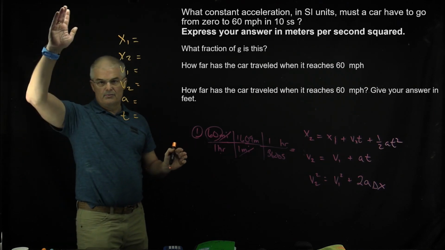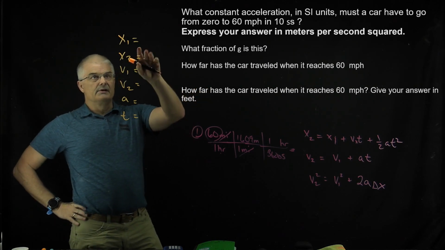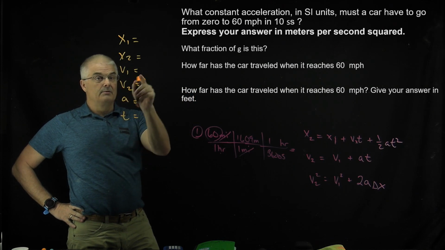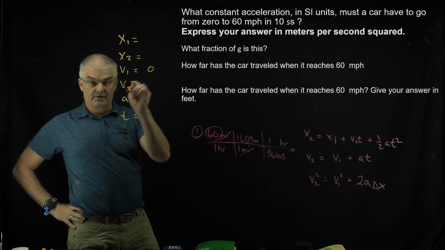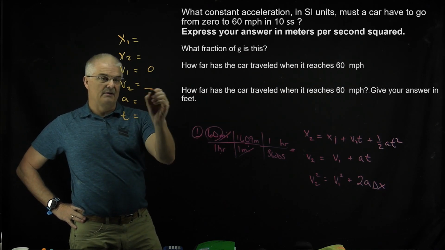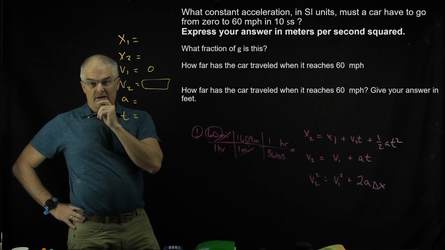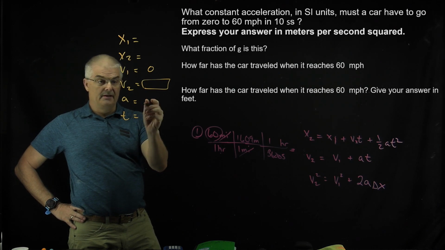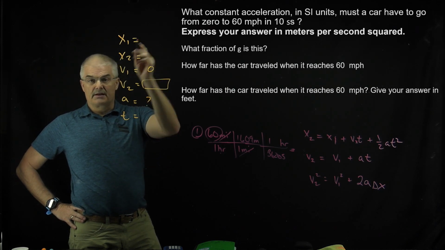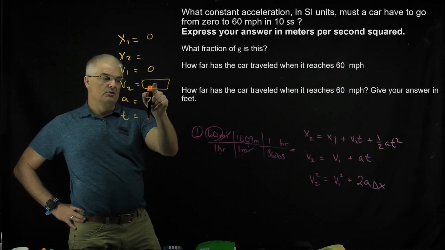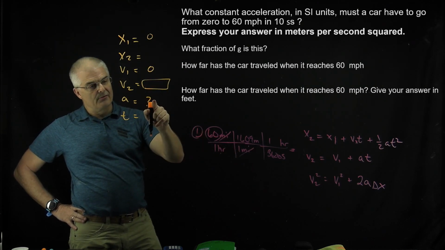The way my problem is written, the original v1 is 0, going from 0 to 60 miles per hour, so whatever I got from the math, I'm going to put that number in here. You're going to solve for a. A is your question mark. X initial is probably just 0, and you don't know what the final x is, but you can use one of these equations and solve for the acceleration.